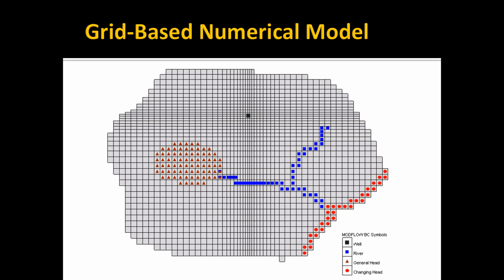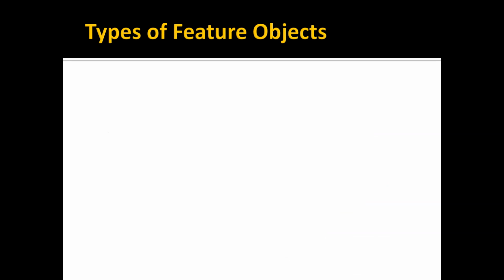So in order to build our conceptual model, we have to be able to interactively create and edit these GIS feature objects. So let's talk about the types of feature objects supported in GMS. If you're familiar with ArcGIS or QGIS, a lot of these concepts will be somewhat familiar to you.